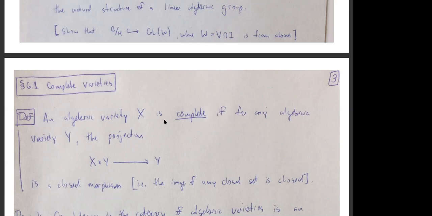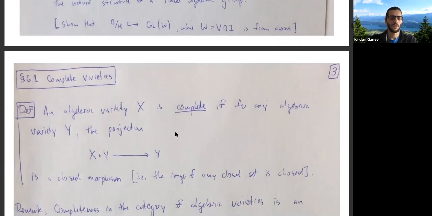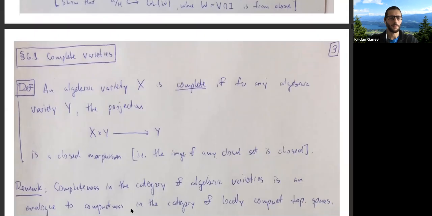So we're not too concerned with the definition of compact, except for this intuition from topology, but in algebraic varieties, that definition doesn't really work, and we need this definition.